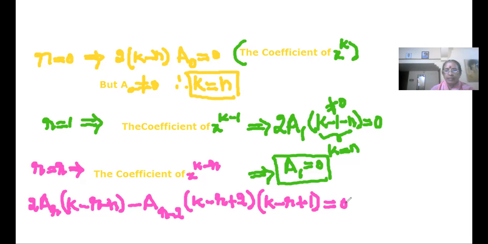So now we can calculate what ar is. We take this term to the other side. We get k minus r plus 2 into k minus r plus 1 divided by 2 times k minus r minus n.